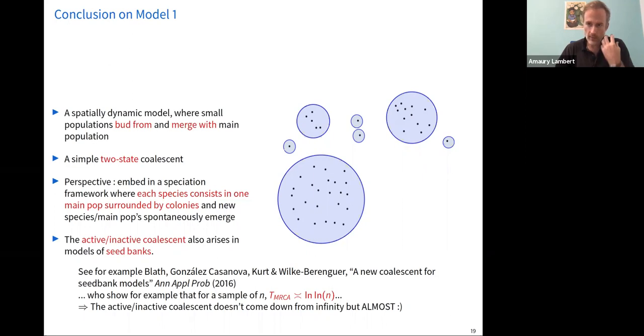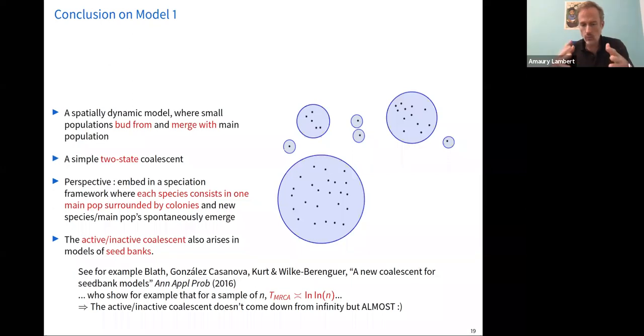So basically, this means that log n, since for all practical purposes it's actually a constant, the time to the most recent common ancestor does not really go to infinity, so that this coalescent almost comes down from infinity.